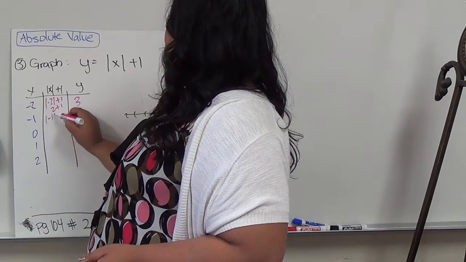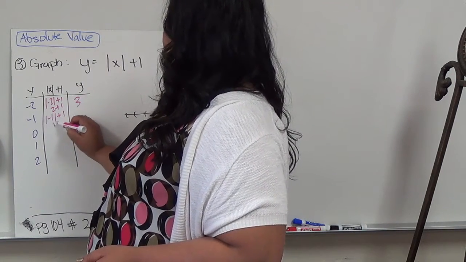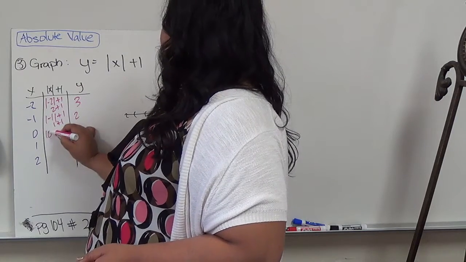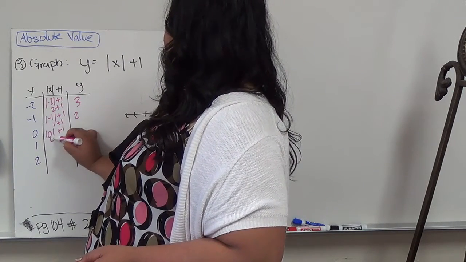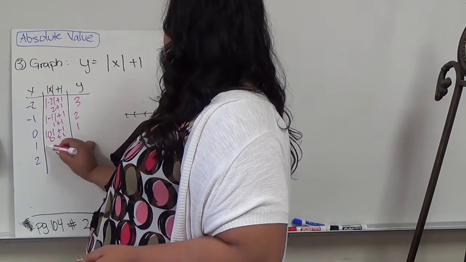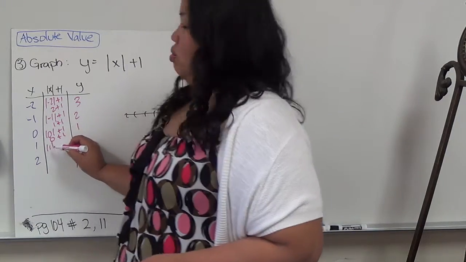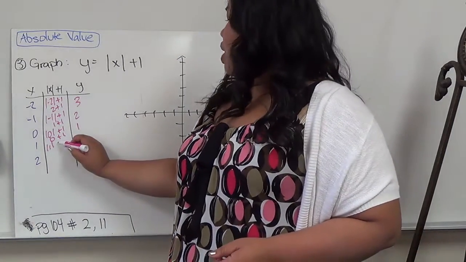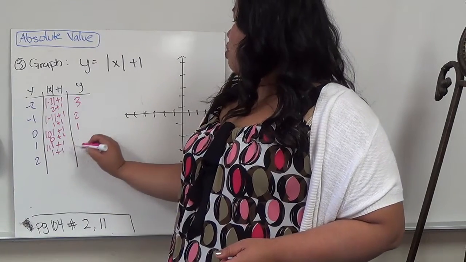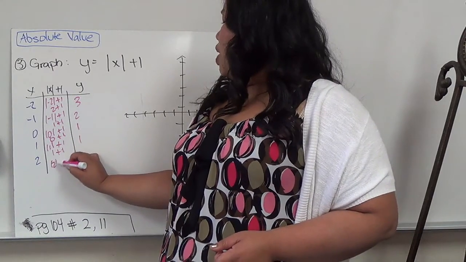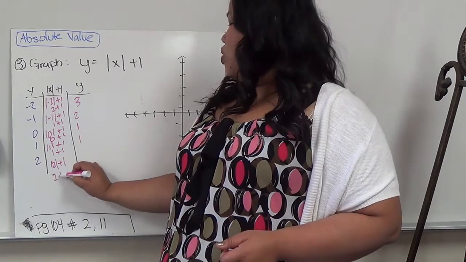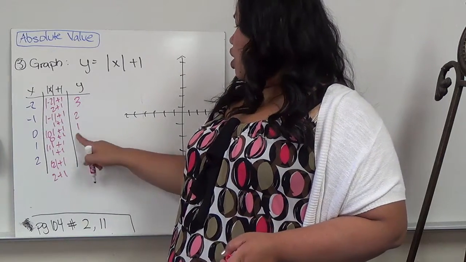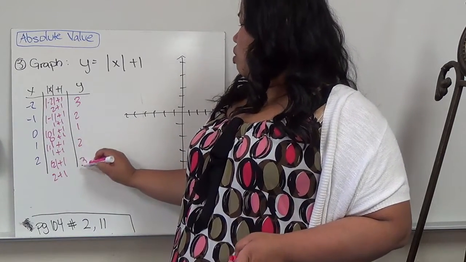The absolute value of -1 is 1, plus 1 gives me 2. The absolute value of 0 is 0, plus 1 is 1. The absolute value of 1 is 1, plus 1 is 2. And the absolute value of positive 2 is 2, plus 1 is 3.